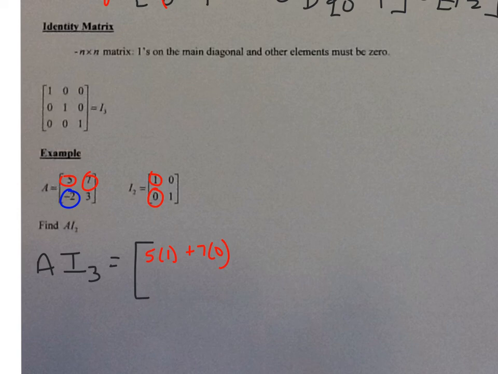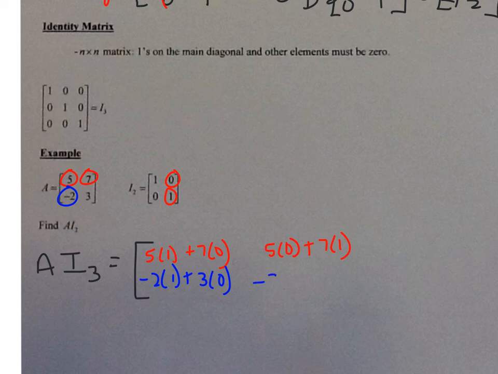And then negative 2 times 1 plus 3 times 0. And then 5 times 0 plus 7 times 1. And then negative 2 times 0 plus 3 times 1.